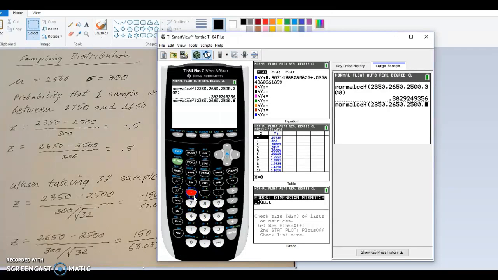But now my standard deviation is going to be 300 divided by the square root of 32. Oops, I need a comma there. That'll probably give me an error. Okay, and let's see what that looks like.